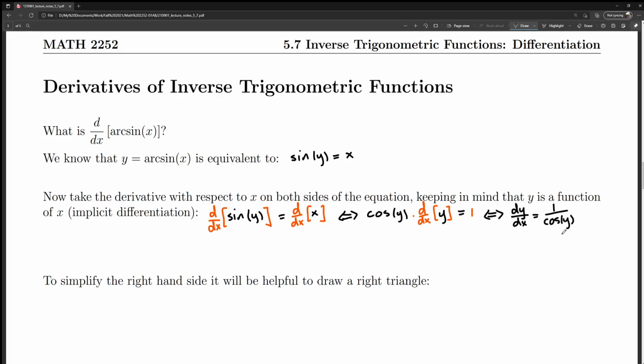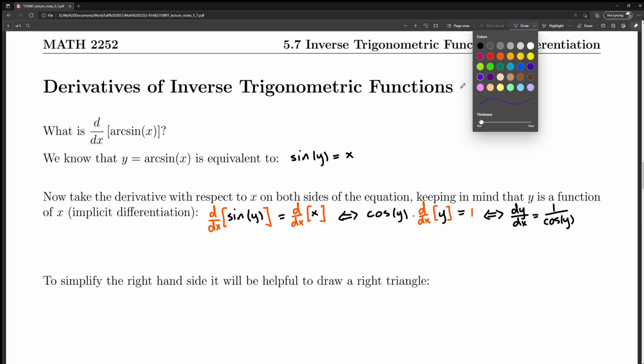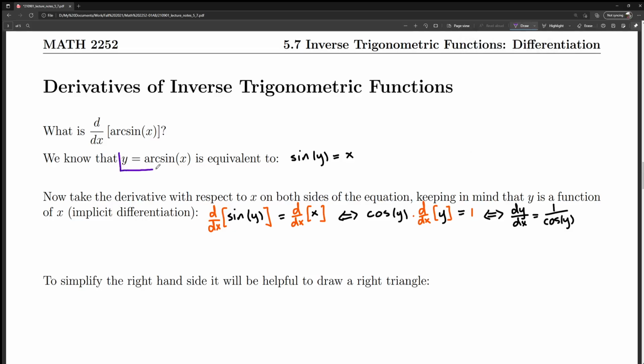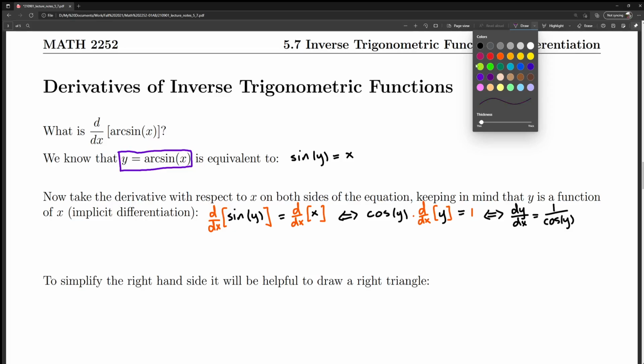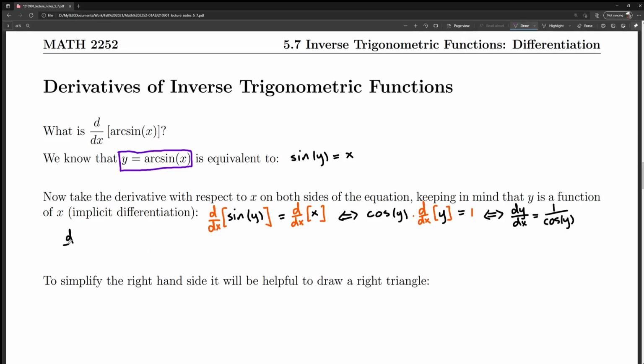Now, we want to get our derivative in terms of x and not y, but we know that y equals arcsine of x. So we can plug that in and get our final answer: dy/dx equals 1 over cosine of arcsine of x.